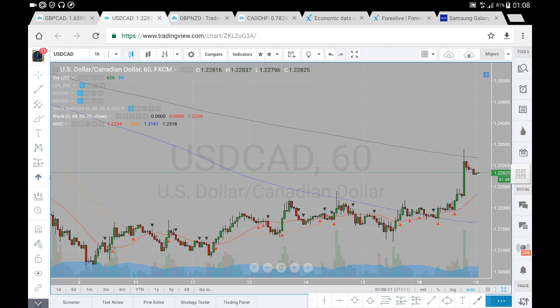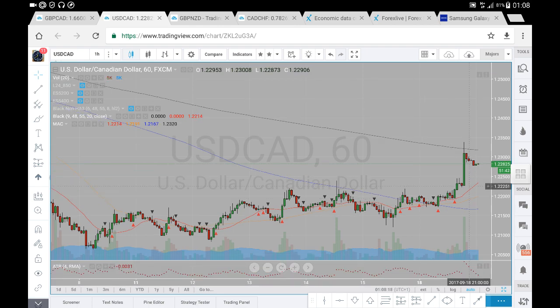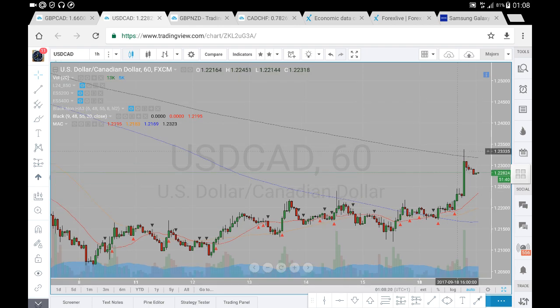If we look at this structure here on the 60-minute, I suppose most traders look at this as the formation of a bull flag before a continuation to the upside on the US dollar CAD, which will be counter to the primary trend of downward momentum on the larger time frame.